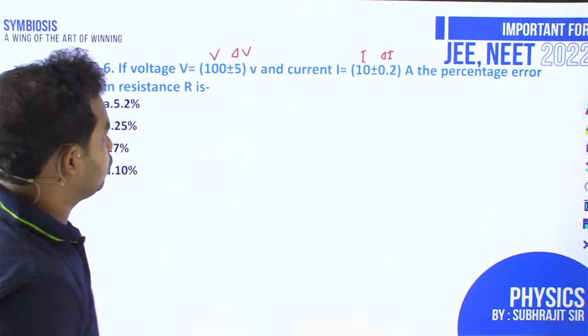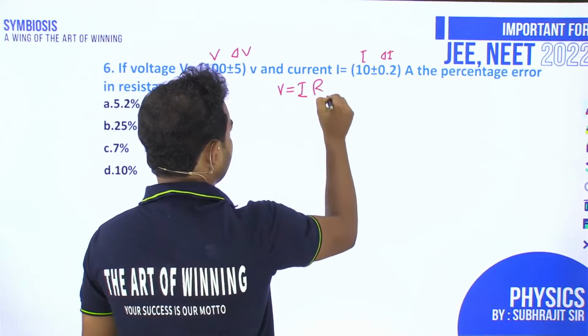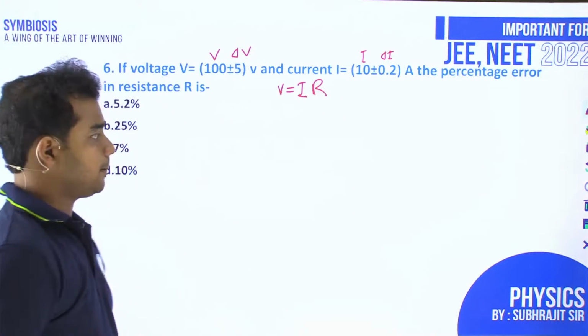We already know one equation, that is V equals IR.